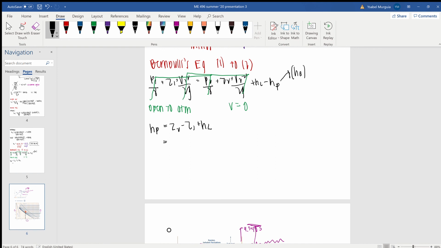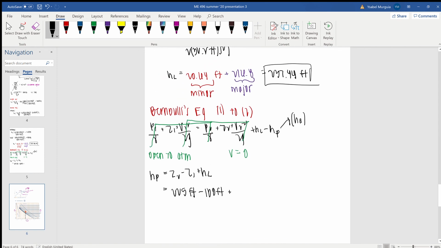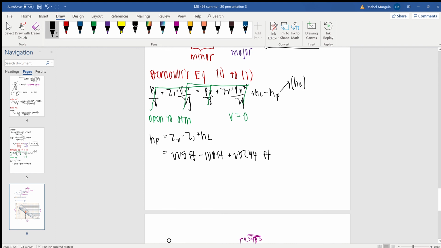Okay, Z2 was defined in the equation to be 225 feet, and since it is at the same reference point as Z1, I'm just going to go ahead and use each as their own value rather than moving my datum. So then Z1 will be 100 feet. And my total head loss, which I found above, to be 237.44 feet. Okay, so adding and subtracting these, we get 362.44 feet. This is the total head due to the pump.